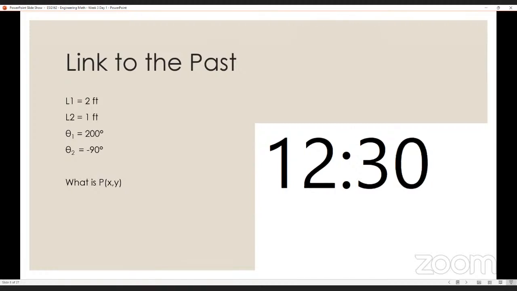Remember, theta 1 is going to be all the way around, and theta 2 is going to be off of theta 1, right? So I think the issue is to make sure that you're using the right angles. It's not right. Should be minus 1 point.